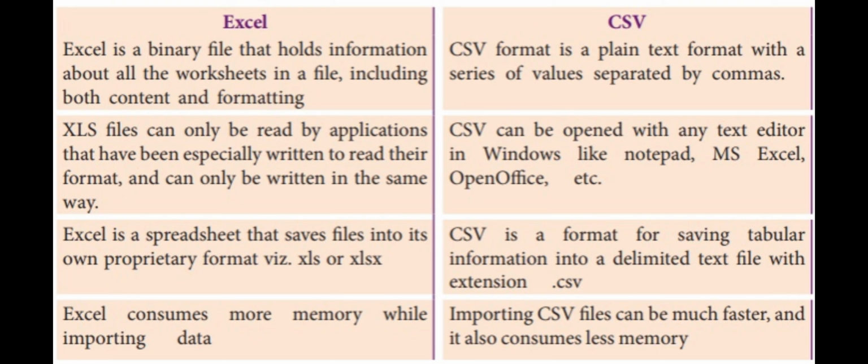Most databases and systems export data in CSV format, so it is very common in real companies. The important thing is Excel consumes more memory while importing data, but importing a CSV file can be much faster, and it also consumes less memory. This is why we are using CSV in this course.